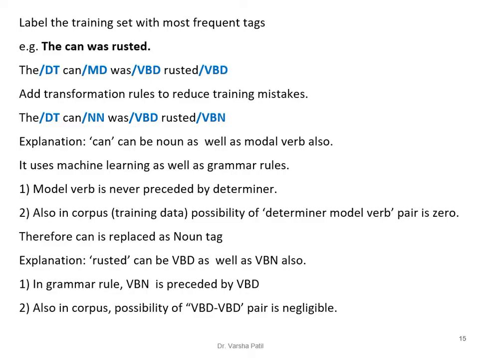So we are getting a very low probability for that particular combination. In this way it uses the technique of handwritten rules, as well as searching for the pattern in the training database and using the probability of that particular pair, and based on the rule and the probability of the pair, it assigns the final part of speech tag.